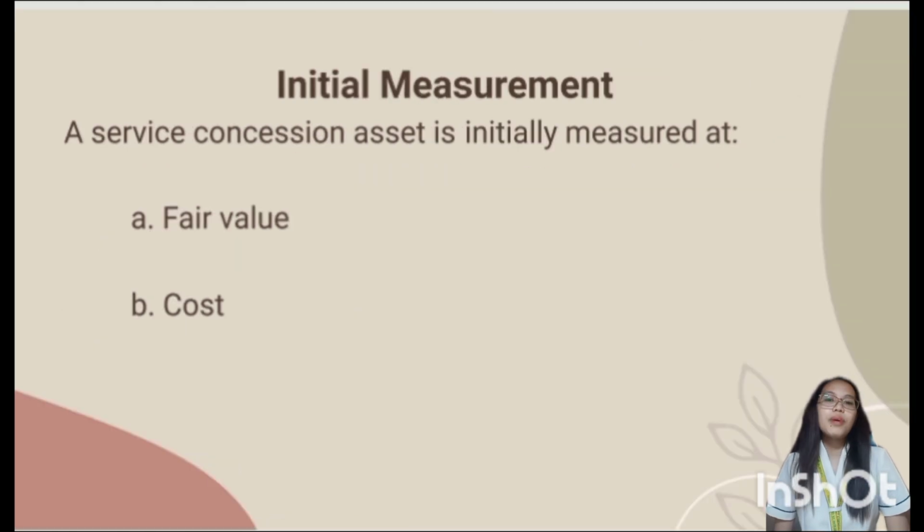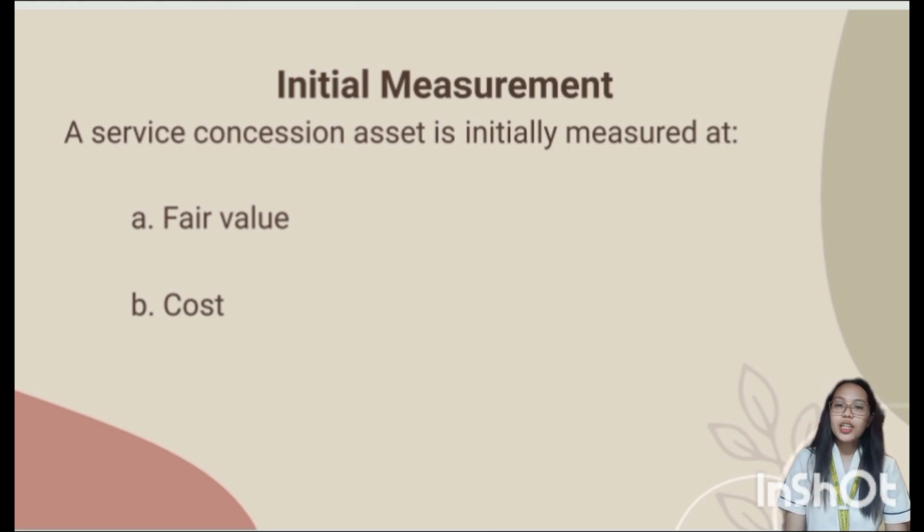The initial measurement of service concession asset. A service concession asset is initially measured at fair value if the asset is provided by the operator in accordance with the recognition criteria in A and B in the previous slide.